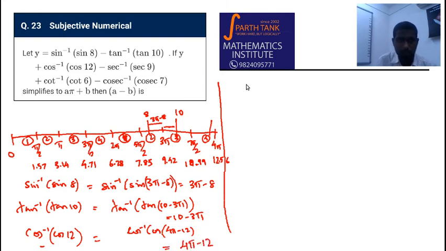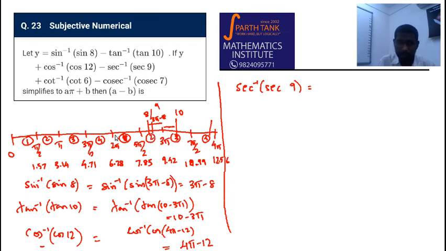Then let's move quickly. Secant inverse of secant 9. So again 9 is going to be somewhere in this area, and in the second quadrant secant is negative. For secant inverse the range is 0 to pi, right? So I need an obtuse angle, an angle greater than 90.